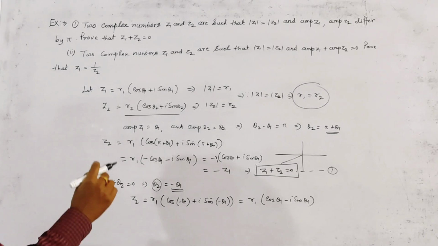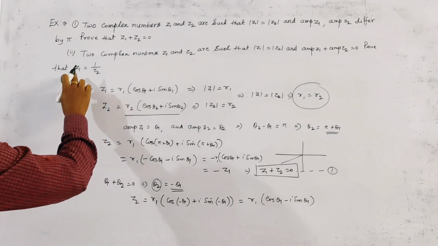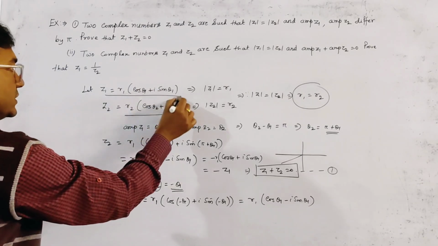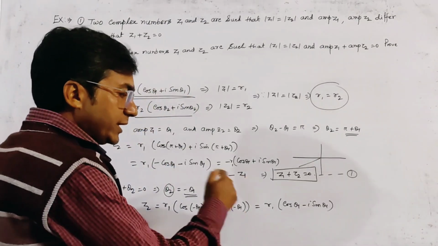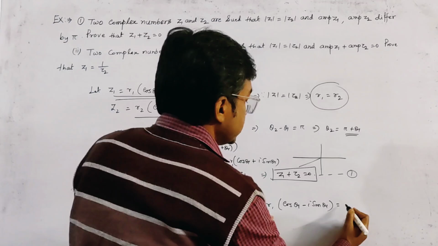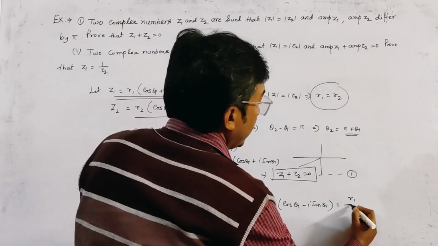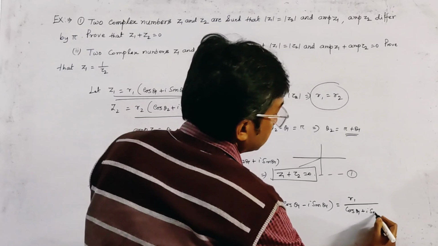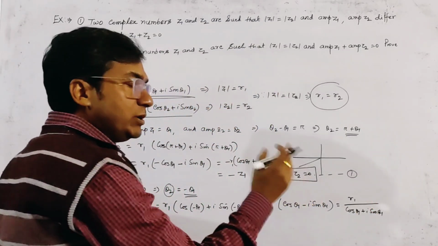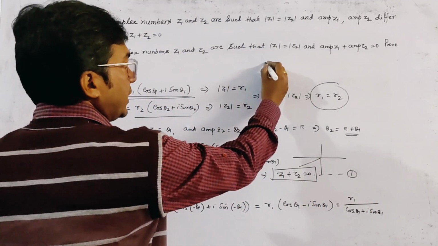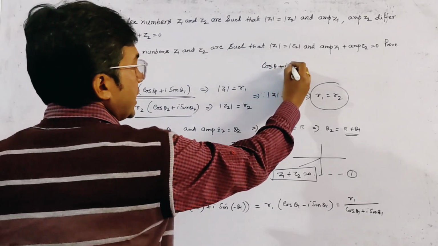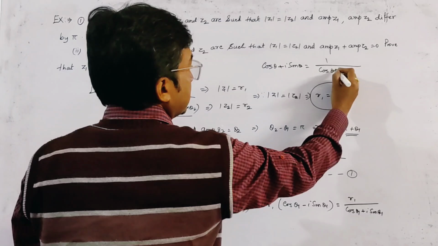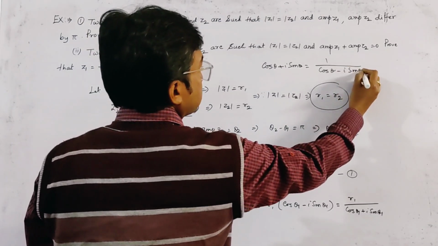And now, since we get this, we can write this term as R1 by cos theta 1 plus I sin theta 1, using de Moivre's theorem, because we know that cos theta minus I sin theta is equal to 1 by cos theta plus I sin theta.